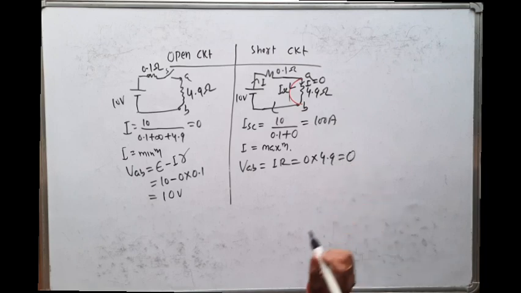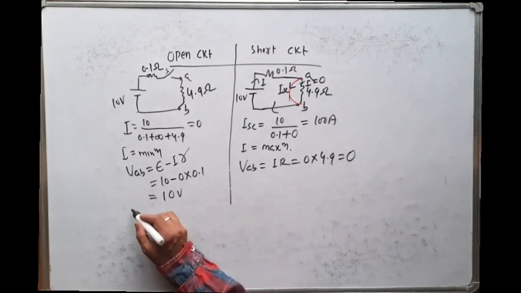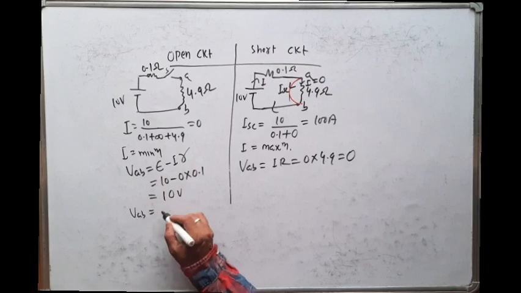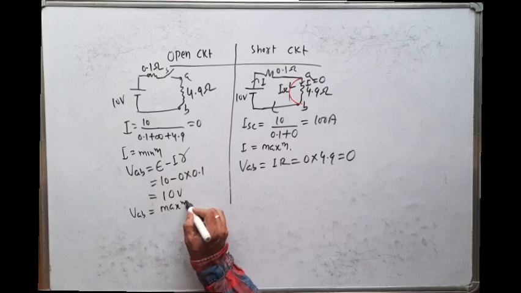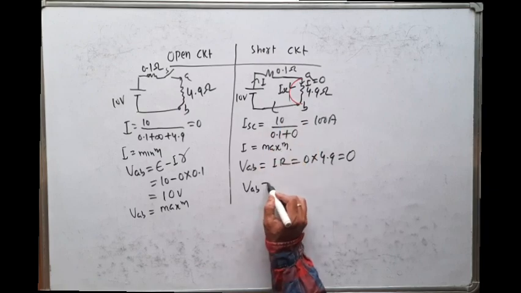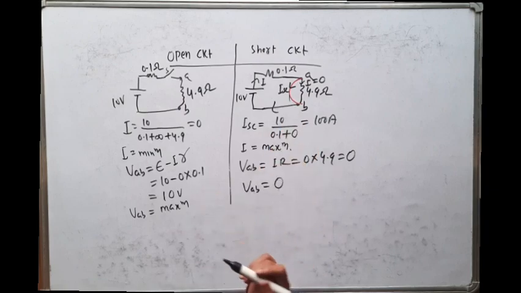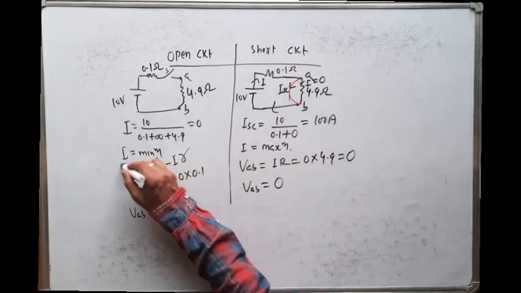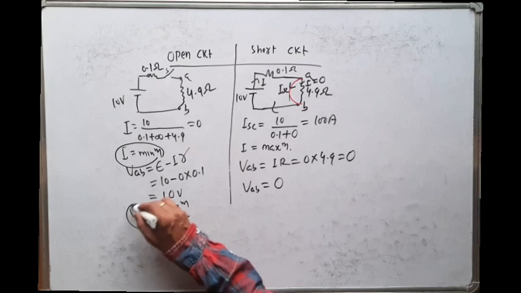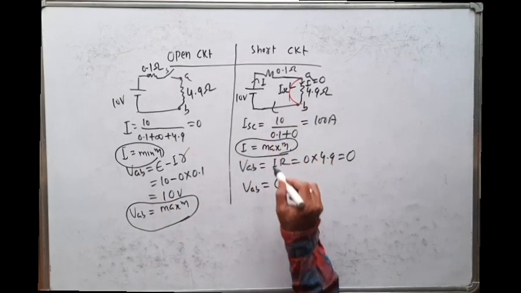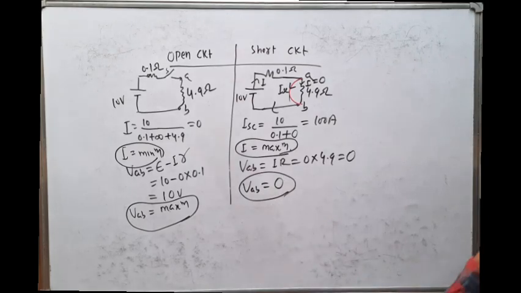So the voltage across AB is equal to 0. That means in the open circuit case, the terminal voltage is maximum, and in the short circuit condition, the terminal voltage is minimum. So this is the difference between open circuit and short circuit. In open circuit, current is minimum and voltage is maximum. In short circuit condition, current is maximum and voltage is minimum.